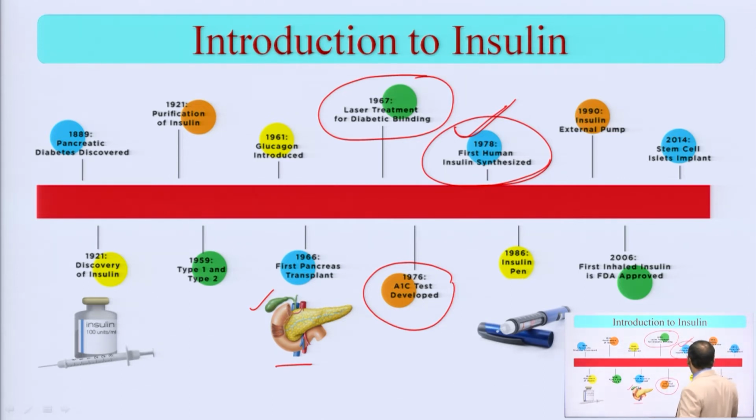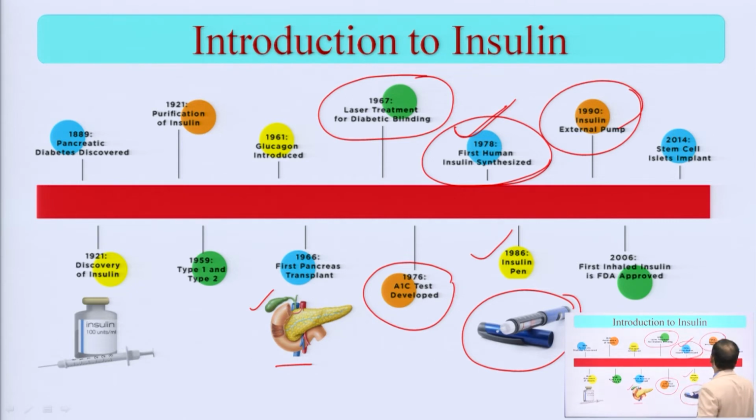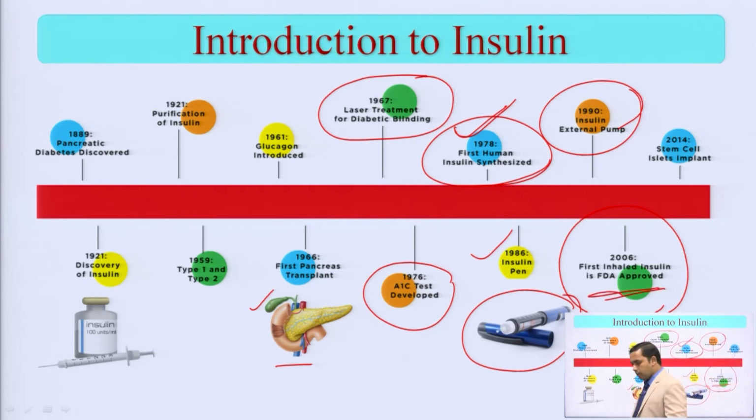Then the insulin pen was developed, and from 1990, insulin was taken through an external pump, and in 2006, the first inhaled insulin was approved by the FDA. There are some issues with this molecule called insulin. It is a big molecule, basically a protein.